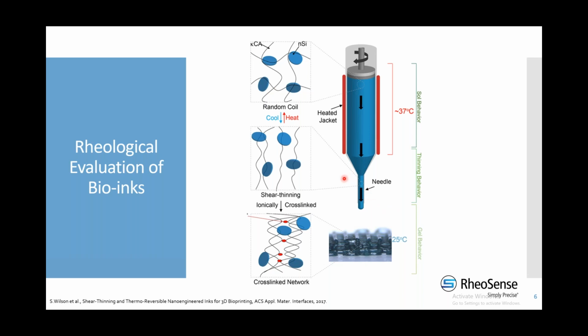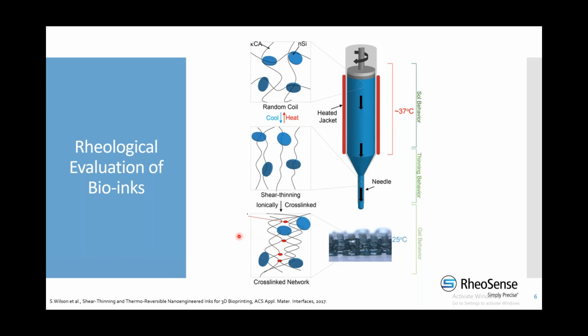Before printing, in the heated jacket where the temperature is 37, it exhibits sol behavior. Then during extrusion, it shear thins, and after deposition at 25 C, it can be cross-linked and form a gel.